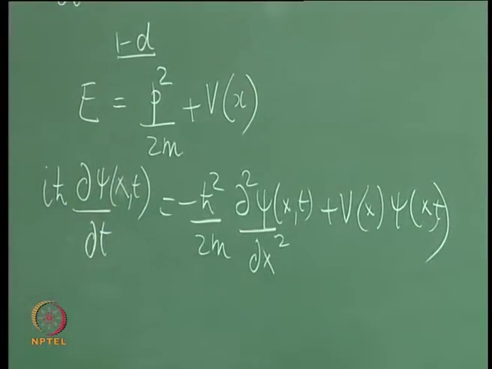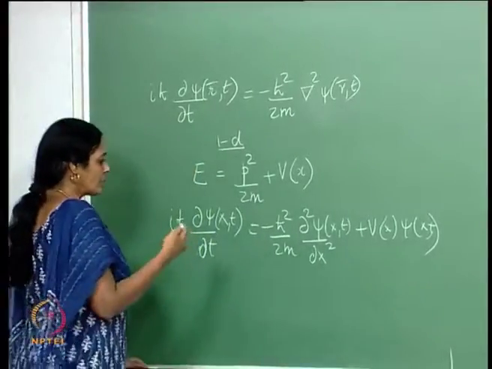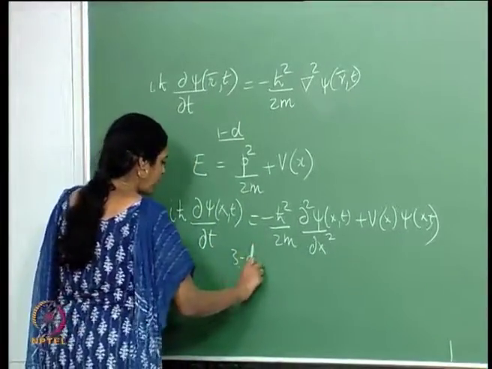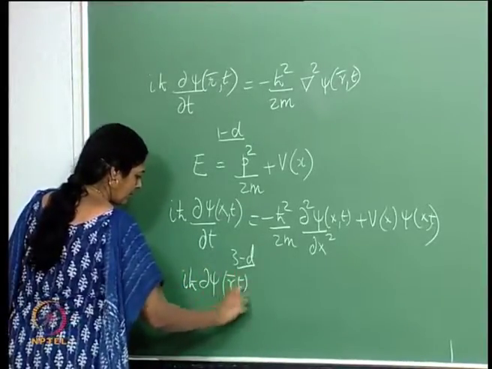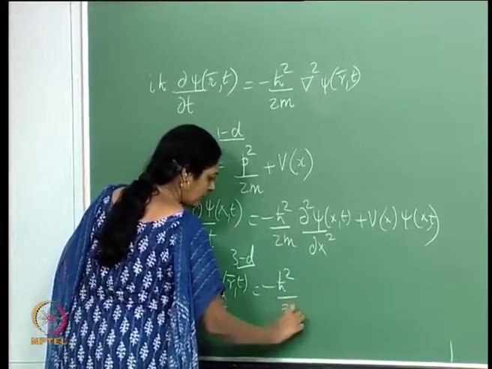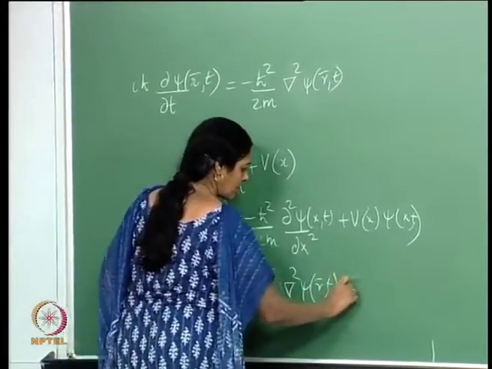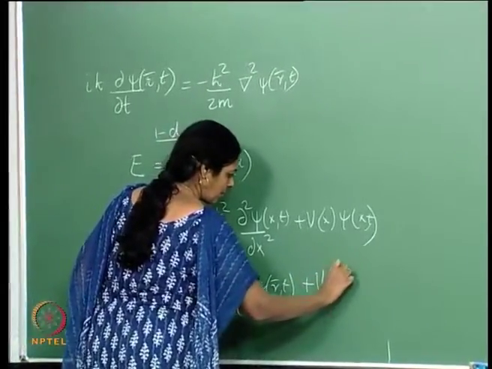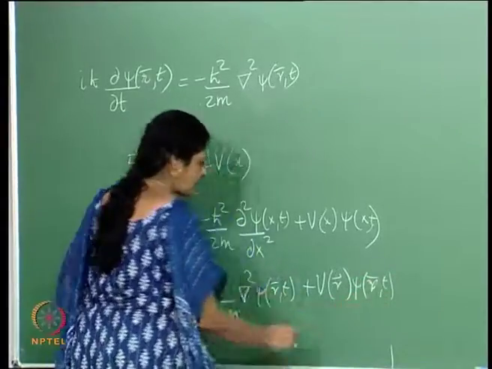Of course, if I have to write the Schrodinger equation for a particle in 3 dimensions subject to a potential, it is straightforward. Del squared now, so that is what we have.